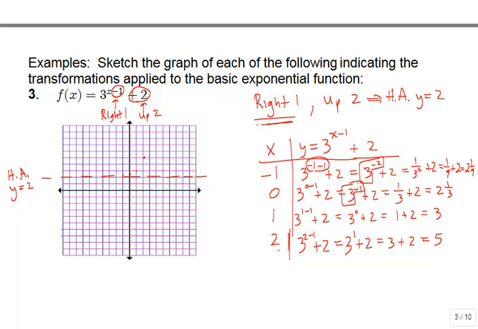So by adding in that extra x value, by shifting right 1 and looking at 1 x to the right, we are getting a nicer distance between these points, and it's easier to see that these are the points that are rising up as I go to the right, and the points on the left are the ones that are skimming that horizontal asymptote. So there's my graph.